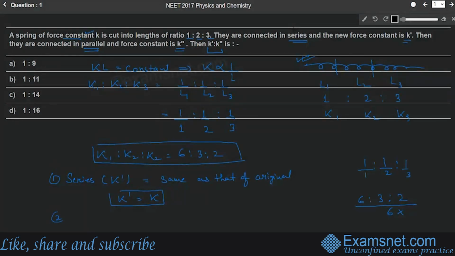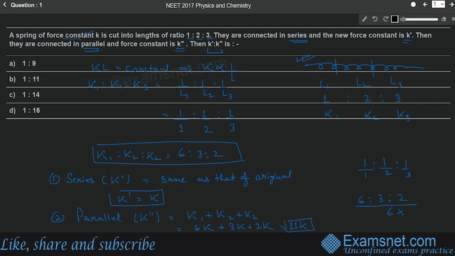Now in case of parallel combination, that means we have to find the K double dash, right? It will be the sum of spring constants of the individual pieces, that is K1 plus K2 plus K3. So that is equal to 6K plus 3K plus 2K, because the ratio is 6 is to 3 is to 2. So it will be equal to 11K.